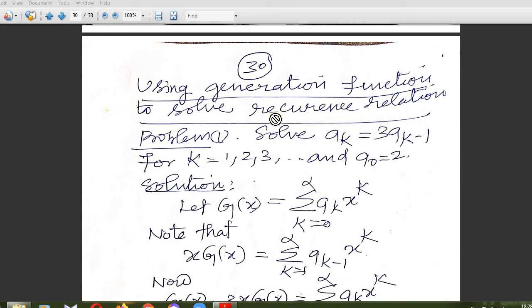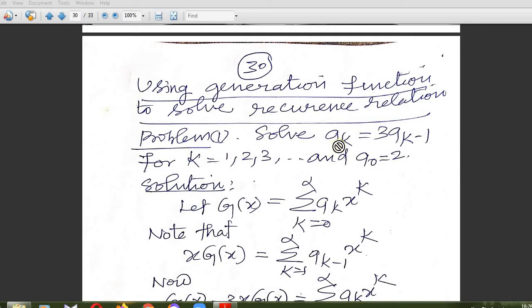Okay, now this is the recurrence relation given to us: a_k equals 3 a_{k-1}. The current element equals 3 times its previous element. Therefore, this is a recurrence relation for k equals 1, 2, 3, and so on, and for k equal to 0, the value is 2.